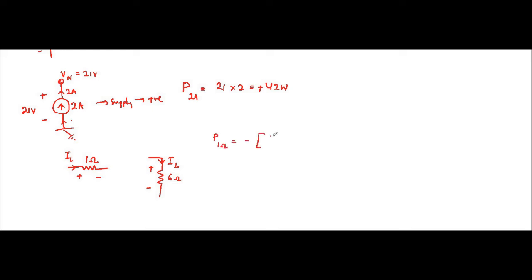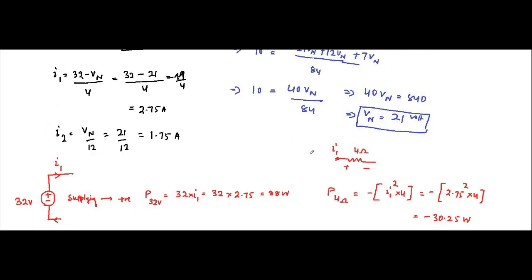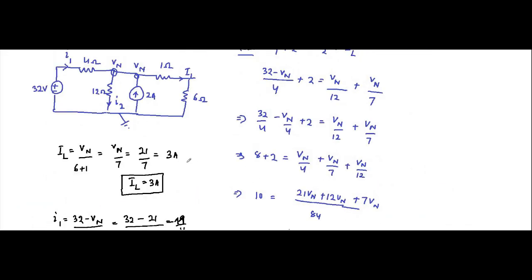So this is minus IL square into 1, which is equal to minus 3 square into 1, minus 9 watt, and for the 6 ohm, minus IL square into 6, which is minus 3 square into 6, which is minus 54 watt. Okay, all the power calculations associated with the circuit elements are done.